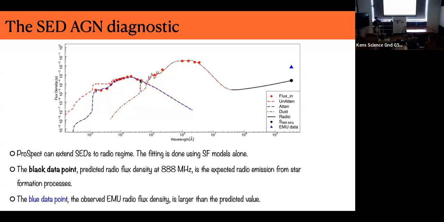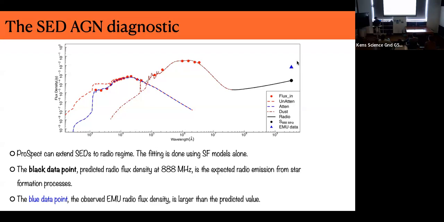I haven't included AGN as a model here. SED fitting tools have the capability to include AGN in modeling the SEDs, but for my purpose, I fit the SED only using star-forming models, and a radio flux is predicted here. So this predicted radio flux only includes the contribution from star formation. I'll let that sink in. Only star-forming models here.